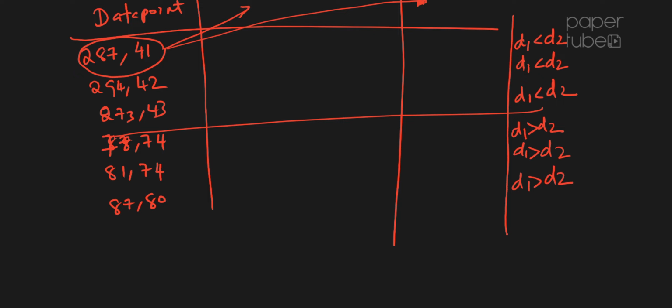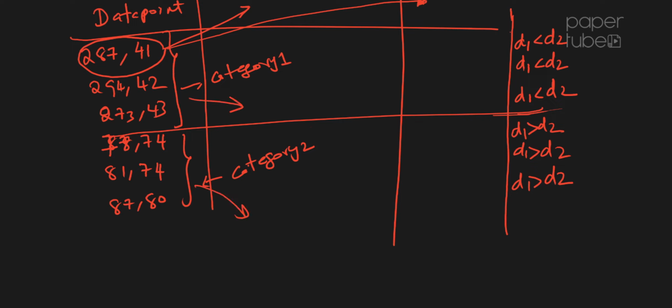So what we got, if we recalculate, based on this we can assign the categories again: the first 3 data points belong to category 1, and the other 3 data points belong to category 2.